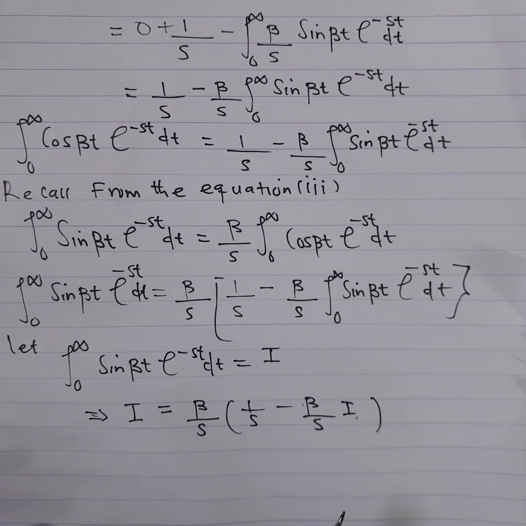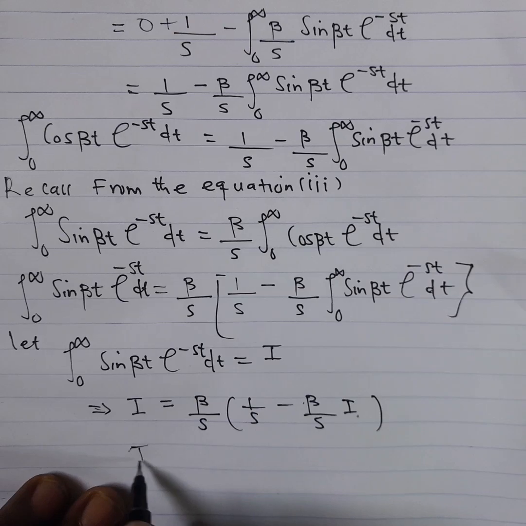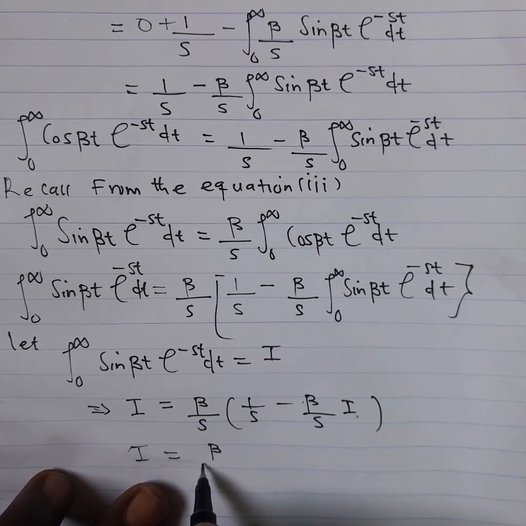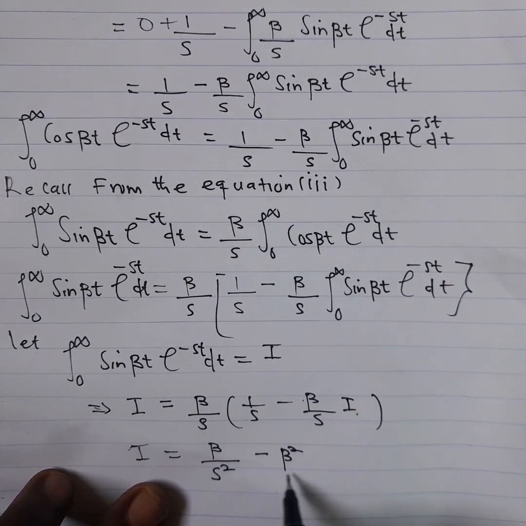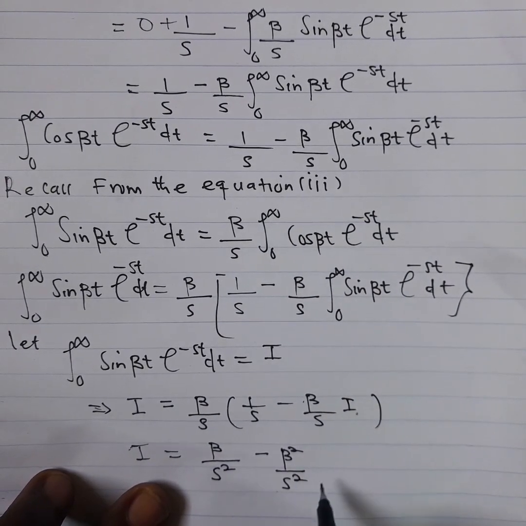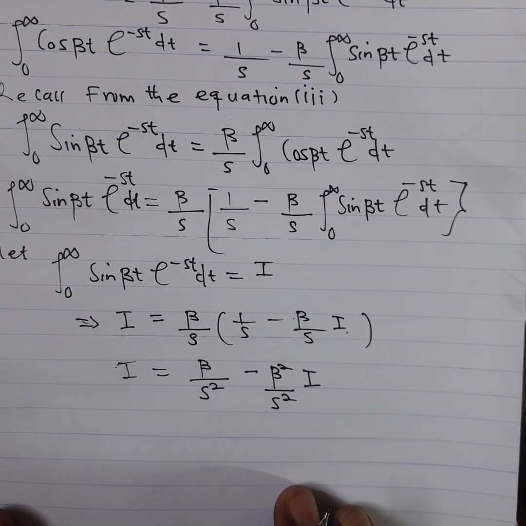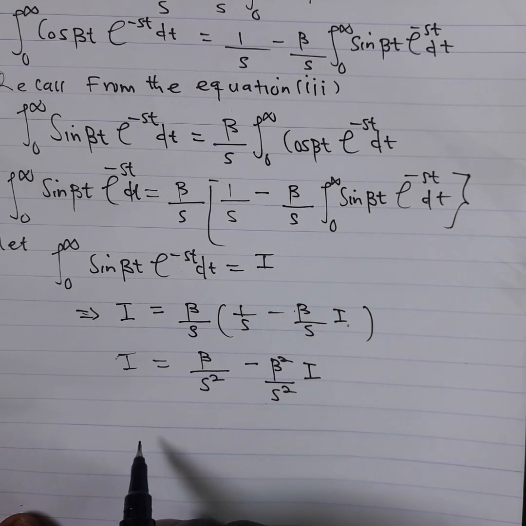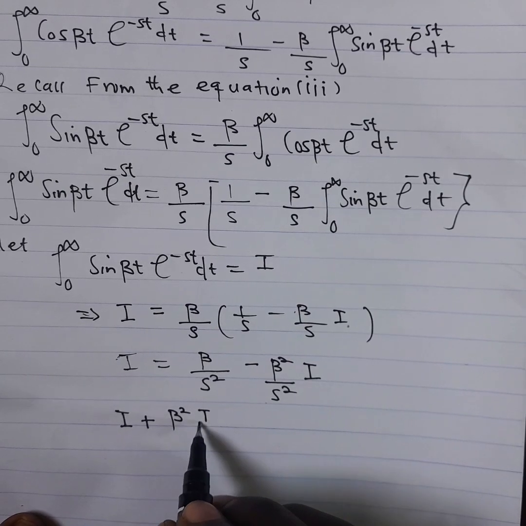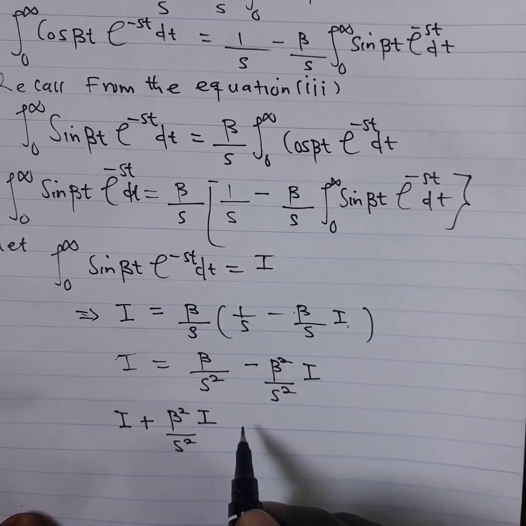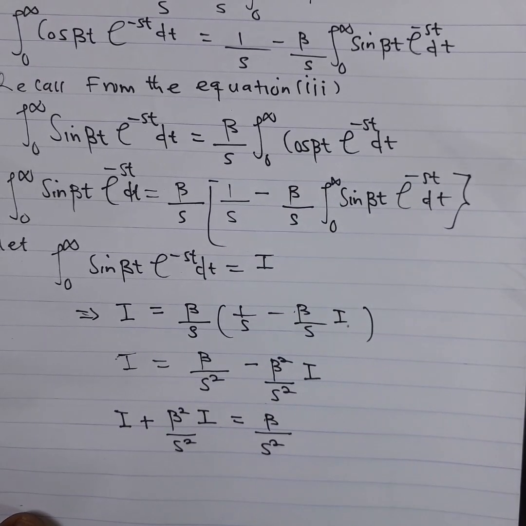Now what we are going to do is open the bracket. We have beta divided by s square, and for this we have beta square divided by s square times I. So from here we have I plus beta square I all divided by s square equals beta divided by s square.